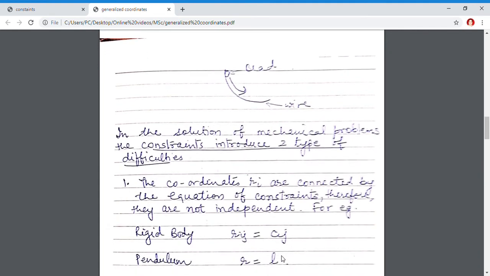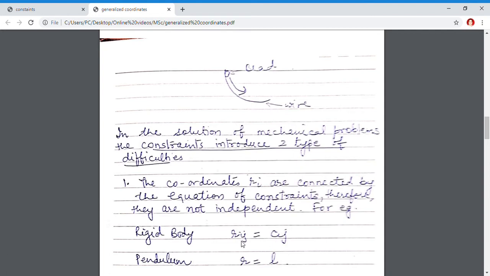And in a pendulum, the distance of the bob from the point of suspension will always be equal to the length of the thread. That means R will always be equal to L. There are restrictions on bodies. These restrictions are denoted by equations of constraint. That means our coordinates are no longer independent.